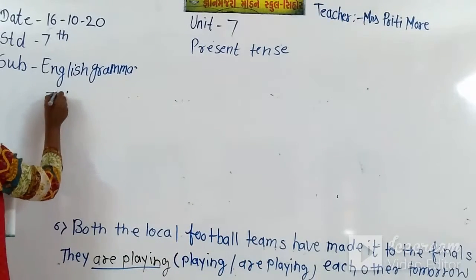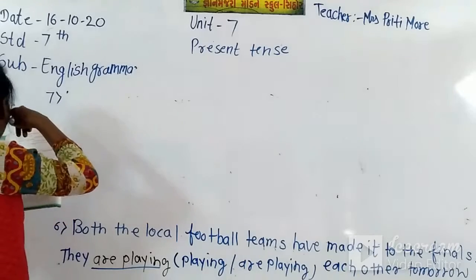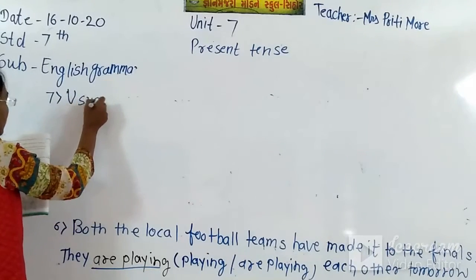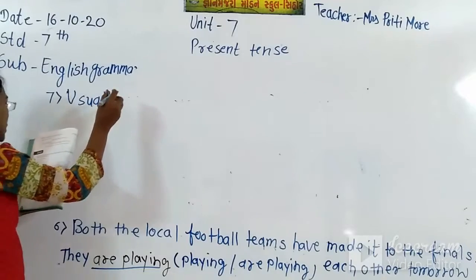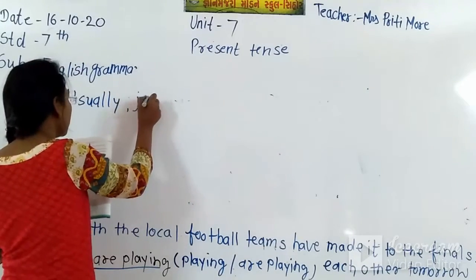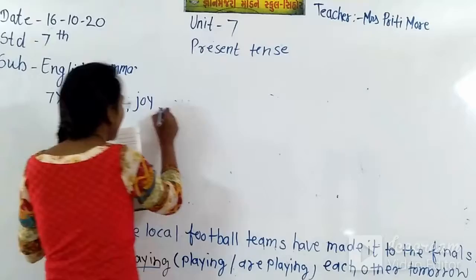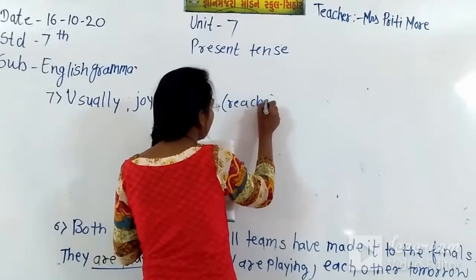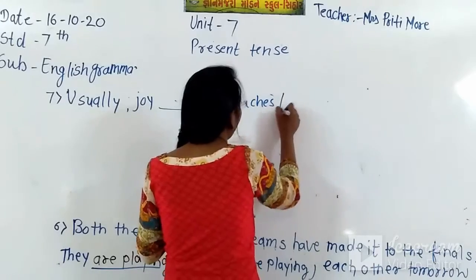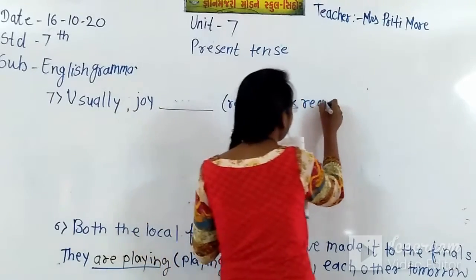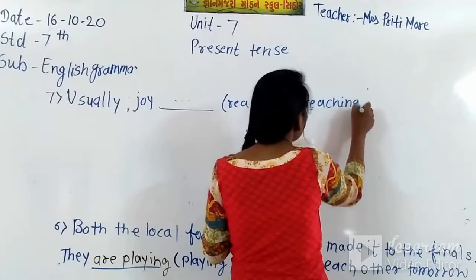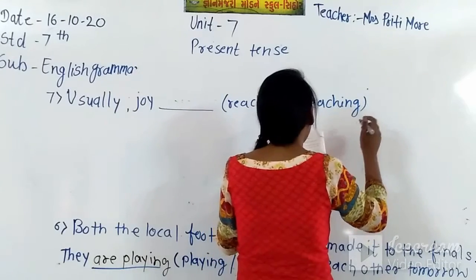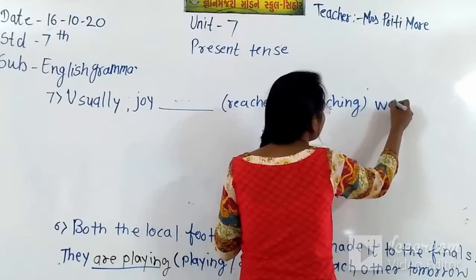So the seventh number: usually Joy, blank space in bracket reaches and oblique is reaching, work on time.